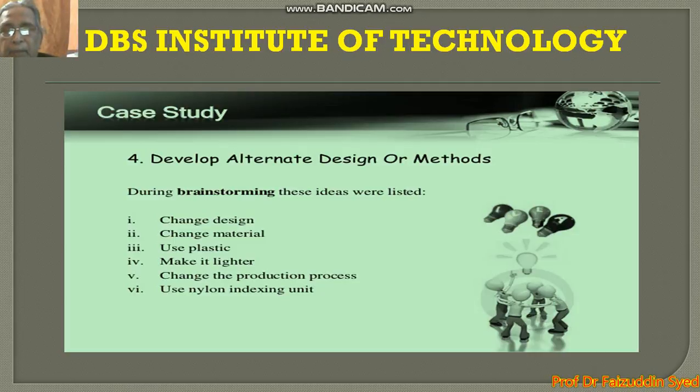Then you can change the material for the purpose of improving the quality. Then use plastics. Generally plastics are low cost but have good performance in some cases. Make it lighter. Customers always like their product to be light.